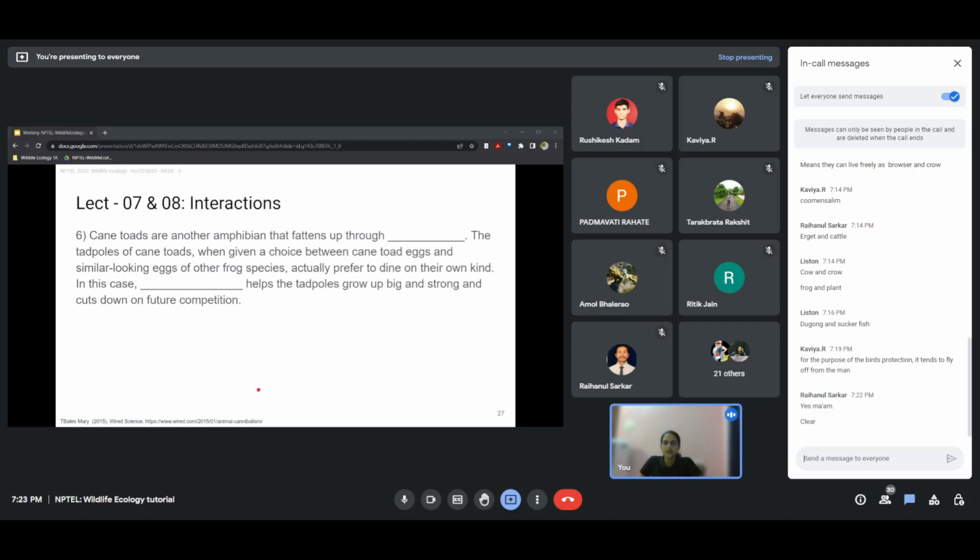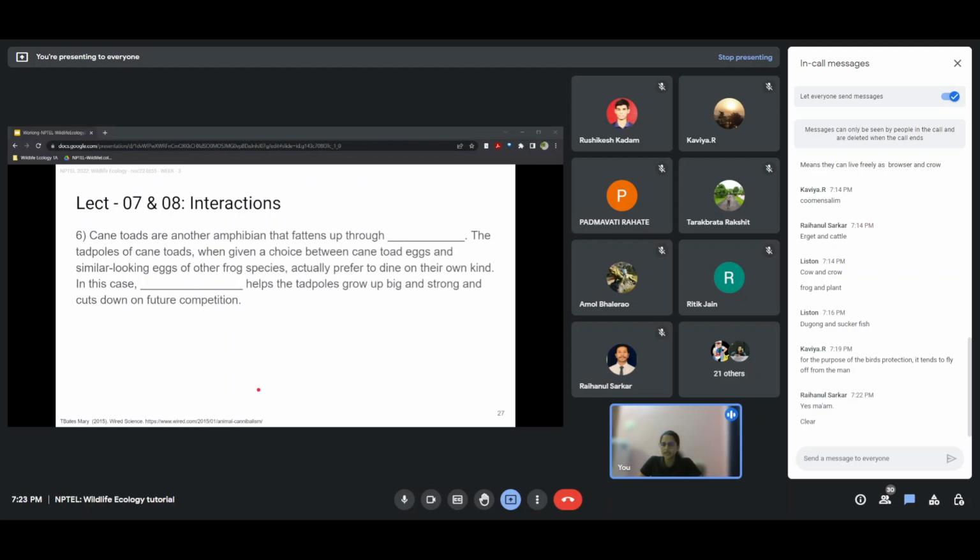an essay. Cane toads are another amphibian that fattens up through a particular activity. The tadpoles of cane toads, when given a choice between cane toad eggs and similar looking eggs of other frog species, prefer to dine on their own kind. In this case, this kind of action helps tadpoles grow up big and strong, and it also cuts down on future competition.